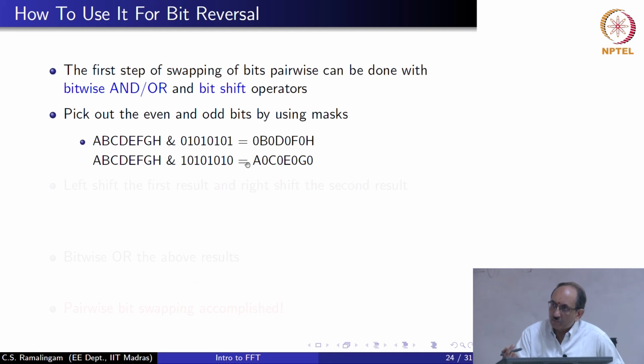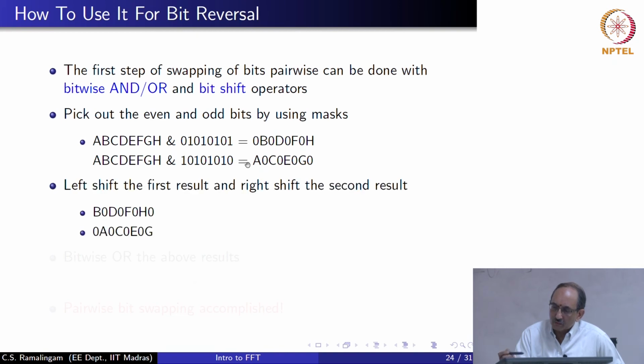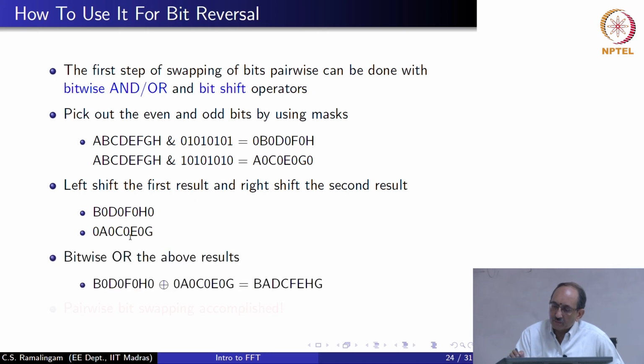For that you need to pick out those 2 terms in the sequence. So what is done here is you left shift the first result and right shift the second result. So you do a bit mask first and then left shift and right shift, and then do bitwise OR.